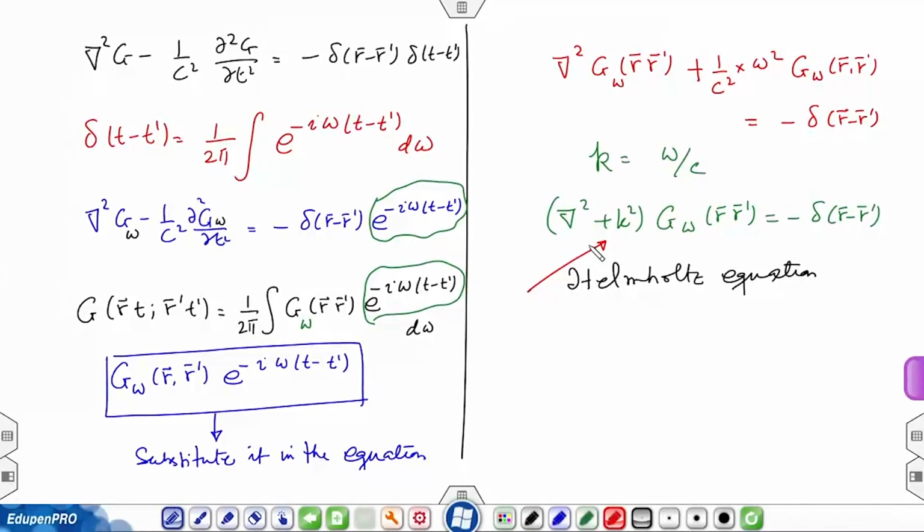So, I leave it for you to show that here g omega r r prime comes out to be e raised to I k modulus of r minus r prime over 4 pi mod r minus r prime.